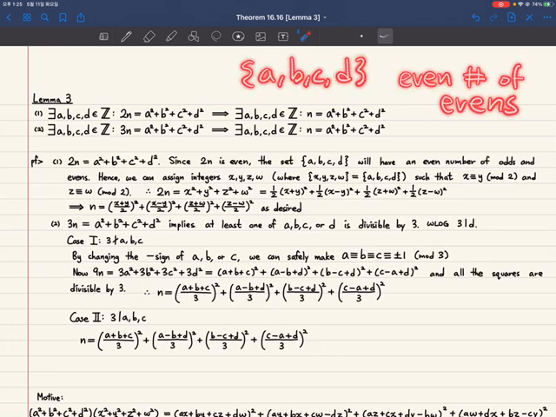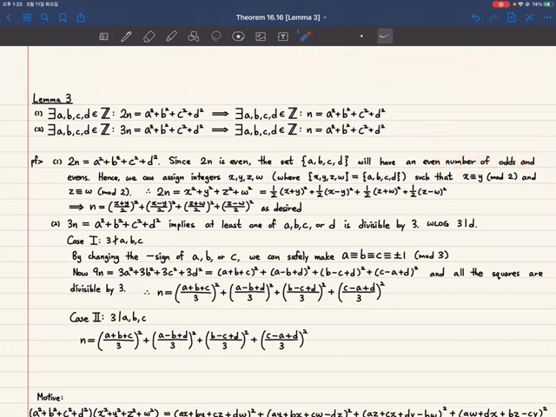So we can pair these together, such that x is congruent to y modulo 2 and z is congruent to w modulo 2. So we're going to rearrange the set a, b, c, d so that it is x, y, z, w, where x is congruent to y modulo 2 and z is congruent to w modulo 2.